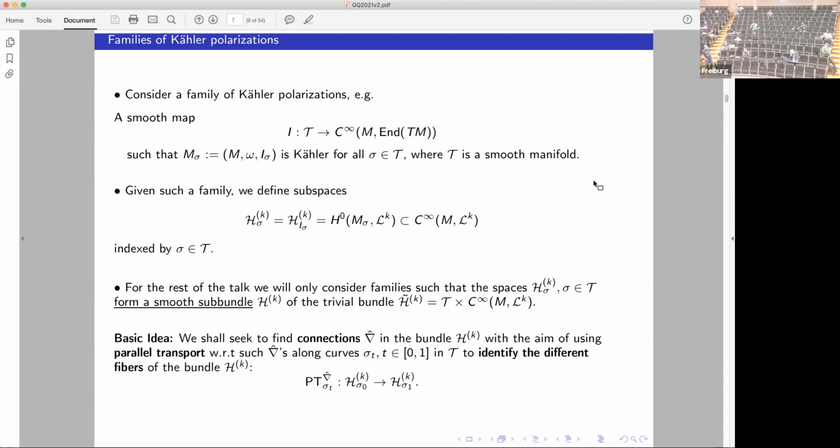context than just this C star, infinite dimensional C star algebras. For example, in your case where M is compact, if you look at this Toeplitz quantization, you will have only finite dimensional C star algebras.